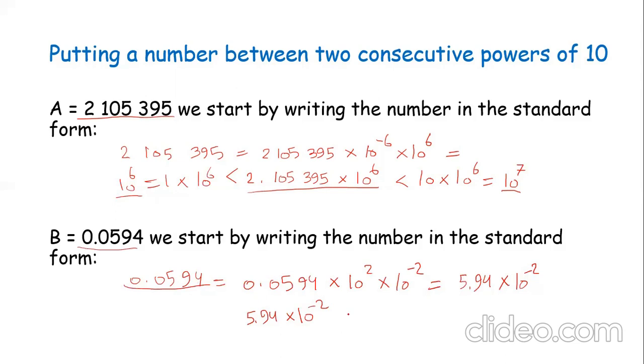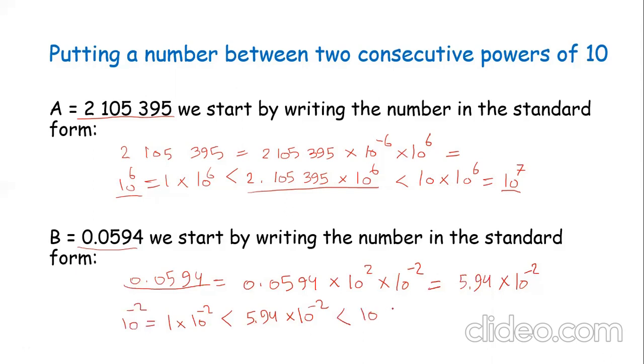This is larger than 1 multiplied by 10 to the power of minus 2, since 5.94 is bigger than 1. And this is equal to 10 to the power of minus 2. At the same time, 5.94 is smaller than 10.